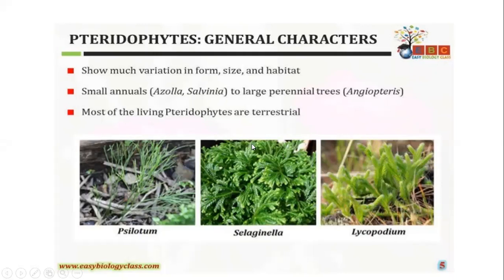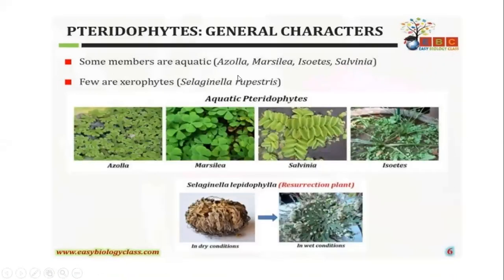Most of these pteridophytes are terrestrial plants. They always grow on the land surface. There are also some aquatic species: Azolla, Marsilea, Salvinia, Isoetes. They all are aquatic species growing in water bodies.